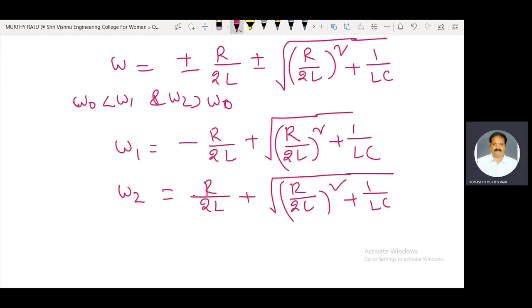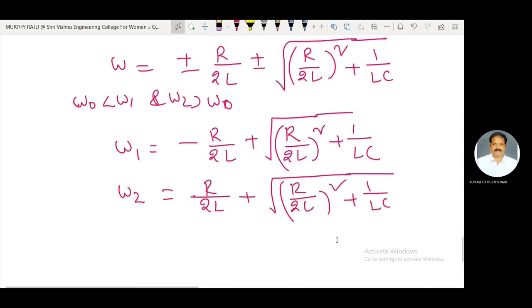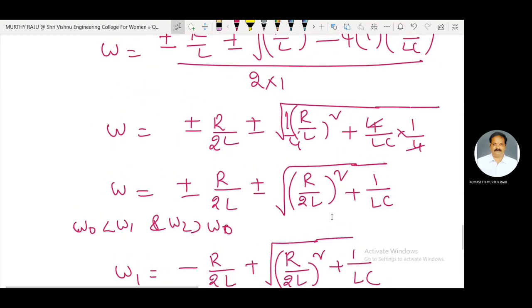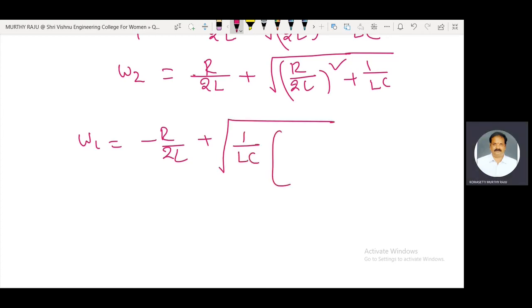See the two frequencies. Here omega 1 is equal to minus R by 2L plus, with 1 by LC as the common term, square root of 1 by LC into R by 2L whole square, 1 by LC, plus 1.